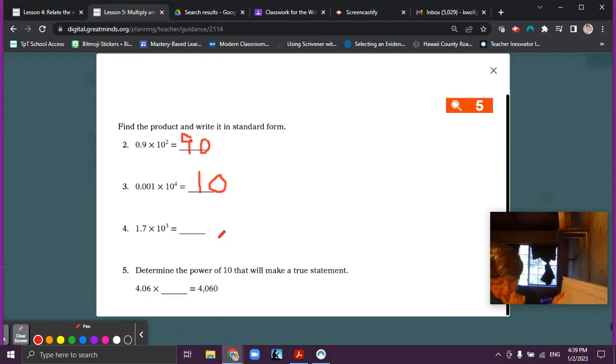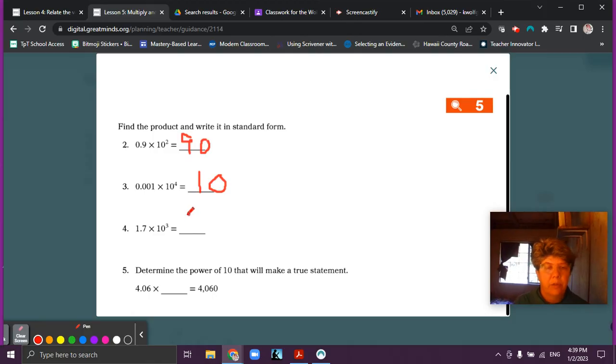That would be 3 jumps, right? So that would take me to 1,700. I'm sorry, I think I said that a little bit wrong. 1, I'm going to jump to tens, I'm going to jump to hundreds, I'm going to jump to thousands. Okay, so then I have 1,700. My 7 just comes along for the ride on the jump.